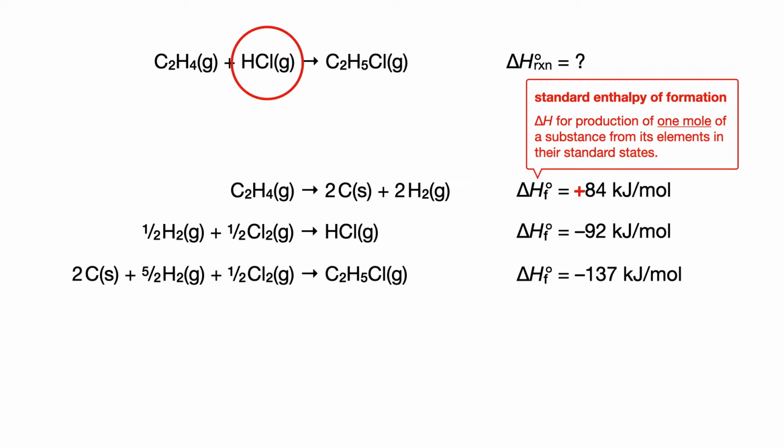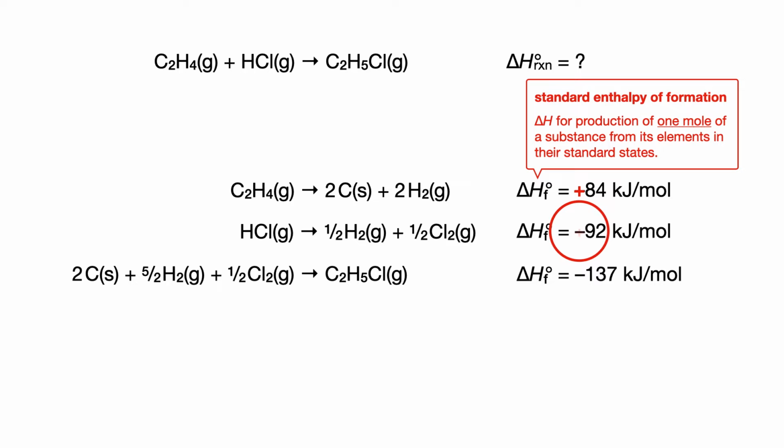And then likewise, hydrogen chloride is a reactant in our original reaction, so we need to reverse its formation reaction and switch the sign of its enthalpy change to positive 92 kilojoules per mole. And so now finally we've got all of the reactants from our original reaction on the left side.